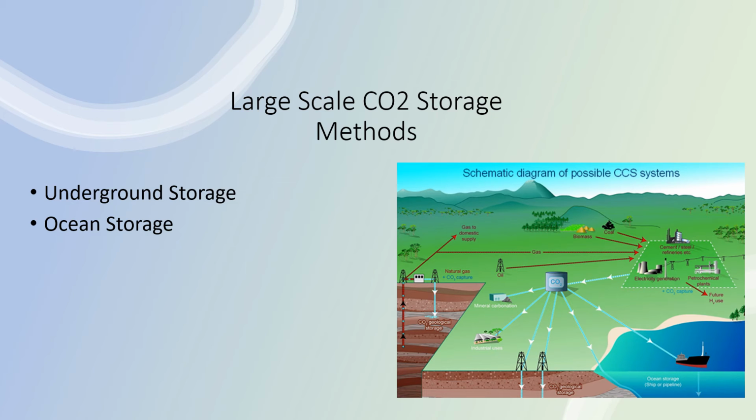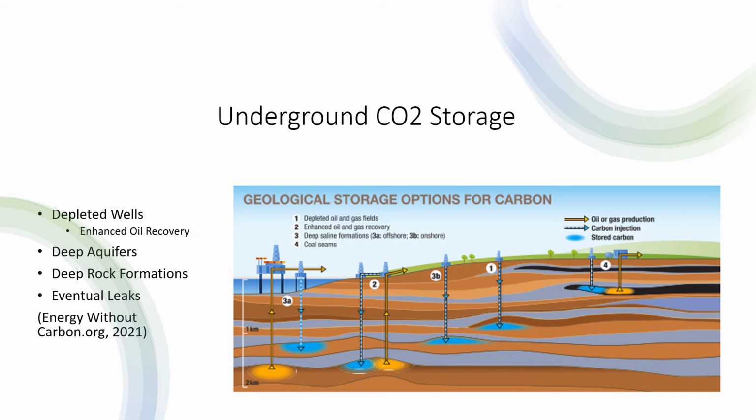We've got large-scale CO2 storage methods. This is mostly underground storage and ocean storage, and we'll cover these a little more. So underground CO2 storage is where captured CO2 is taken, and there's several things they can do with this. They can inject the CO2 at high pressure into depleted wells.